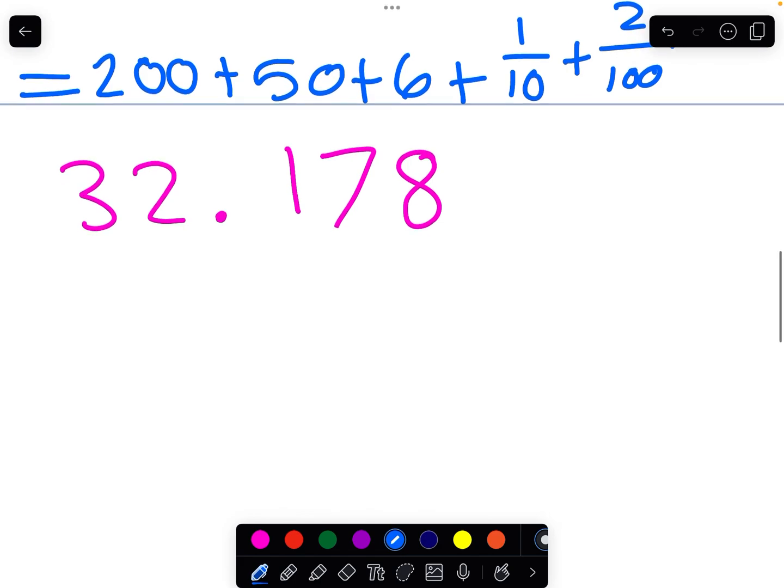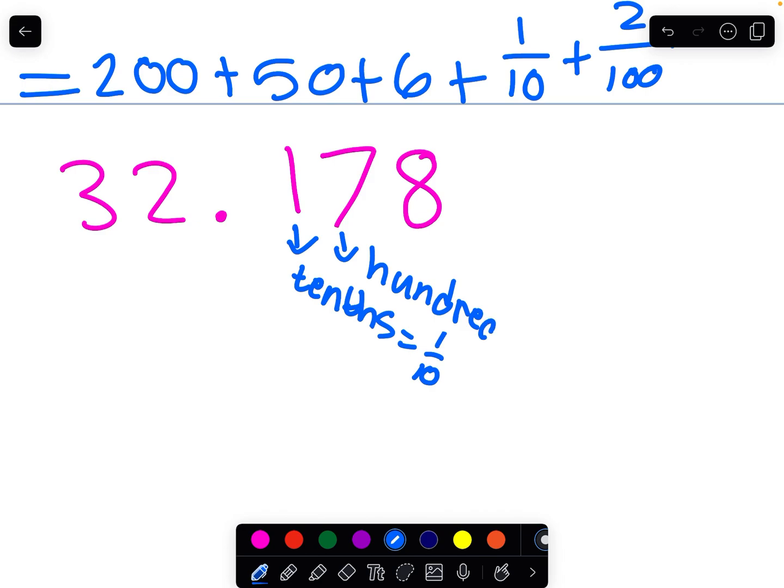So remember, the 1 here is the tenths, so we'll write tenths, which equals 1/10. Then here we've got hundredths, and you've all got your decimal place value chart, so you can also use that to help you. And here we've got the thousandths.